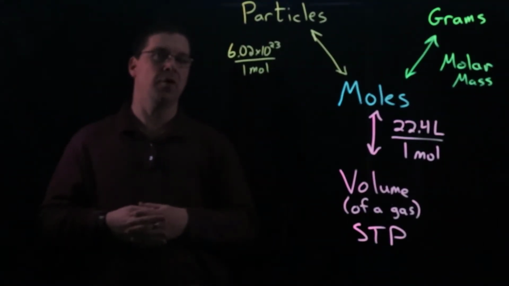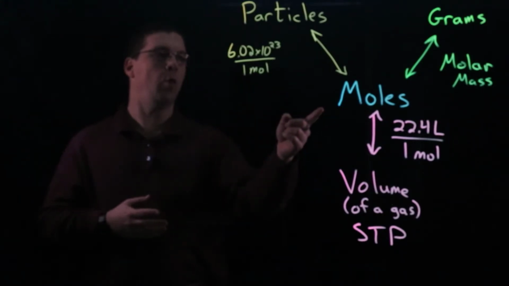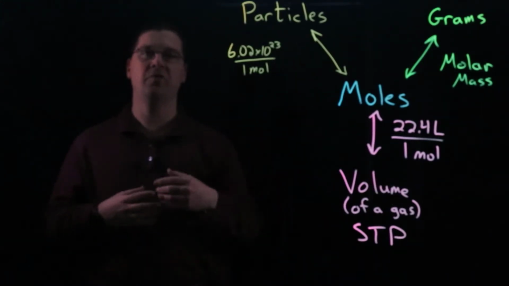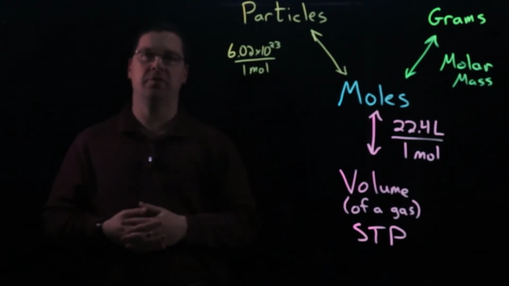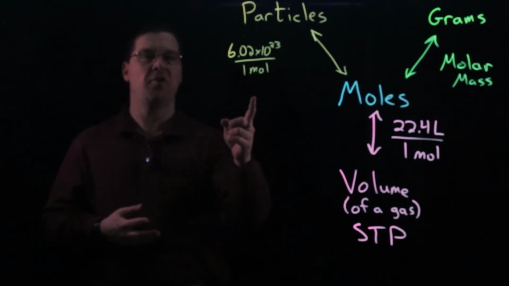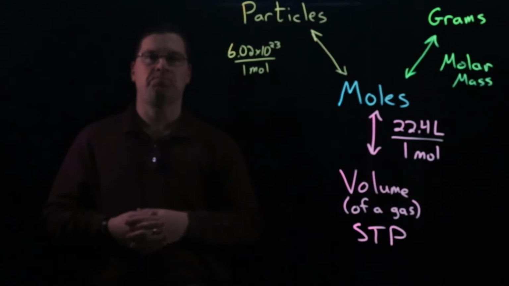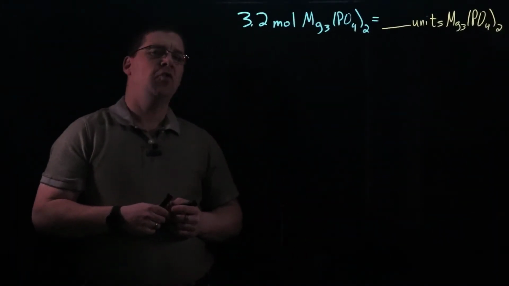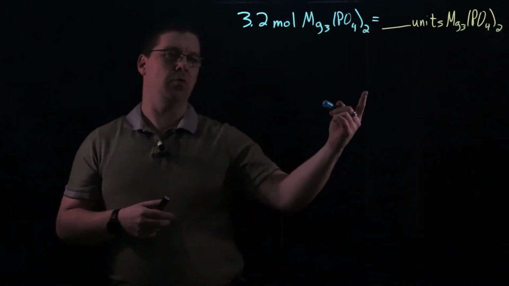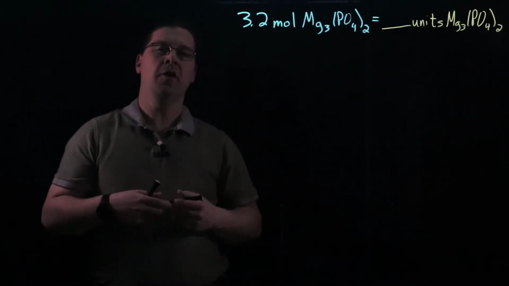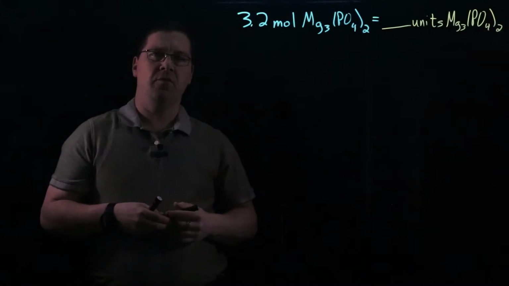If I were asked to do a conversion that started with moles and went to how many particles or formula units or atoms or ions there were in a particular substance, I would need to use Avogadro's number. So if I'm going to convert from moles into individual particles or units of something, I need to use Avogadro's number as my conversion factor.